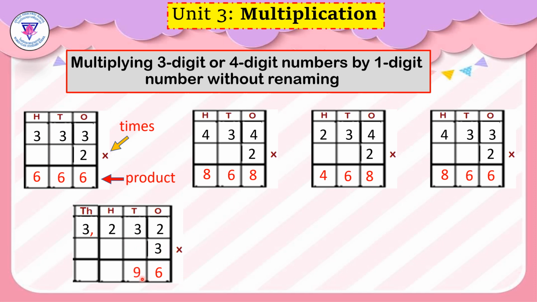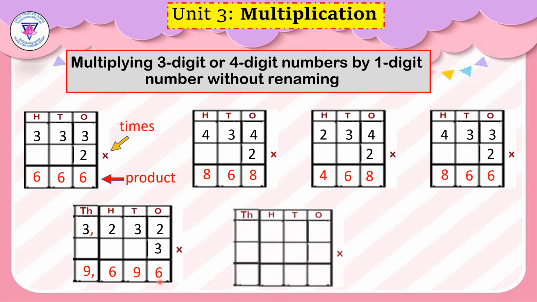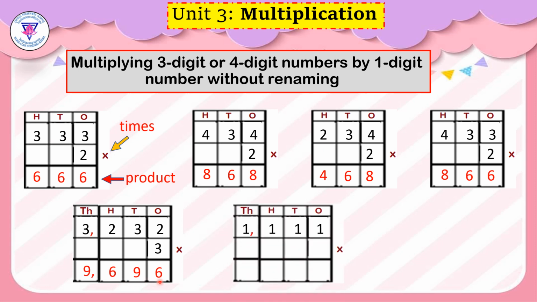Then 3 times 3 is 9. 2 times 3 is 6. And then 3 times 3 is 9. As you can see in this example, there is no renaming. So we have 9,696.